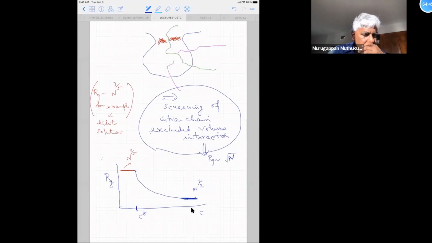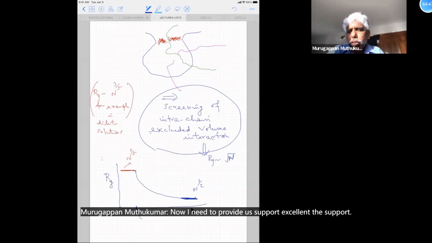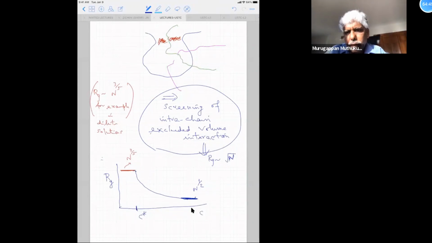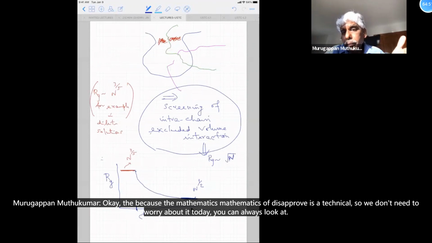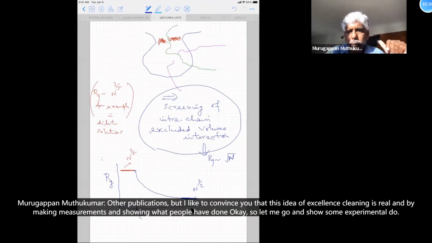Okay. Now, I need to provide you experimental support, because the mathematics of this proof is technical, so we don't need to worry about it today. You can always look at other publications, but I'd like to convince you that this idea of excluded volume screening is real by showing what people have found out through measurements.